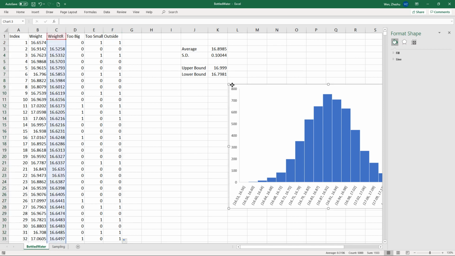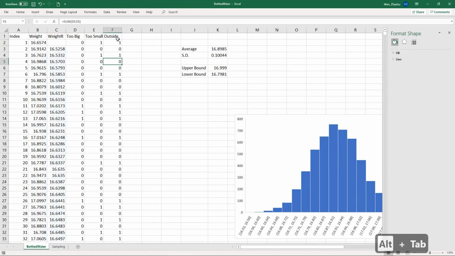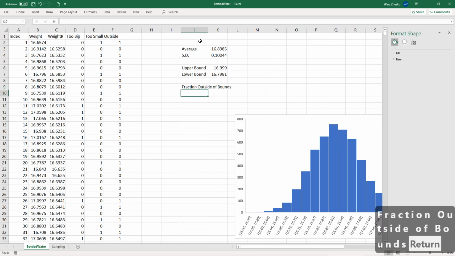So let's go back and see what the question is asking. What fraction of observations are within the bounds? Okay, within the bounds. So this way of flagging is basically telling us the fraction outside of the bounds. So I'm going to compute the fraction outside of bounds.